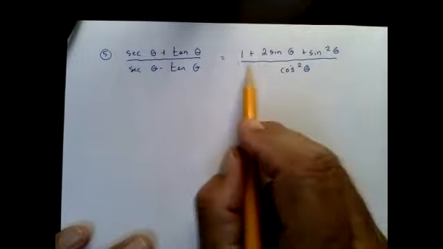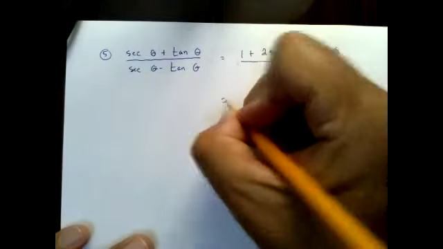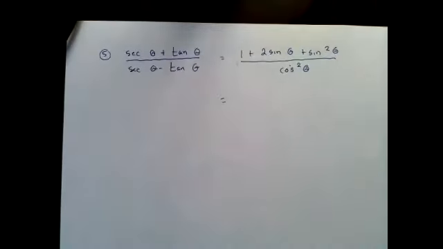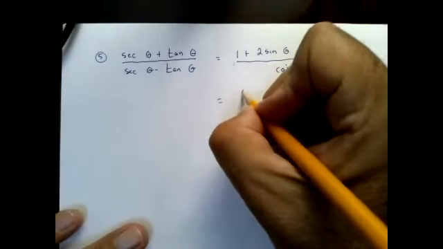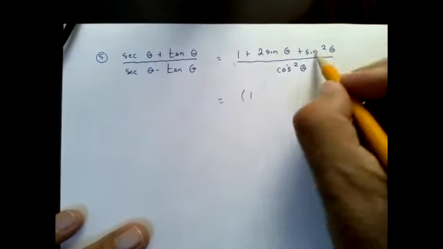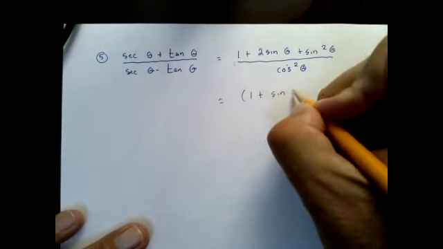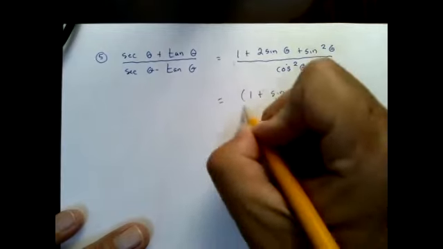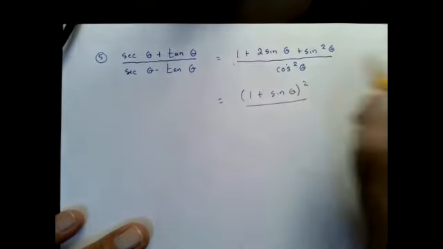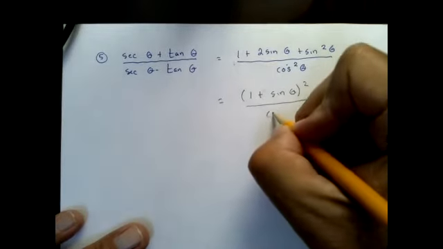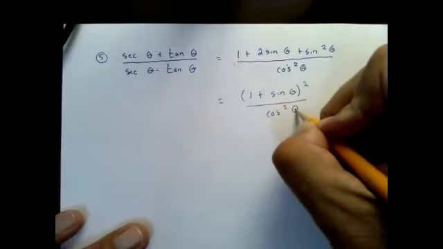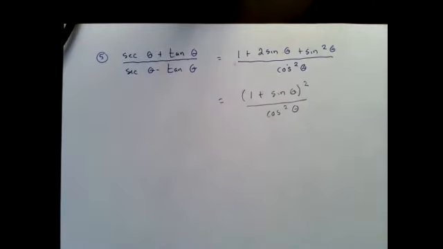And in fact, if I got excited and I wanted to start on the right side, I may write that numerator as 1 plus the sine of theta squared. You see it? Yeah, so there's my algebra again.